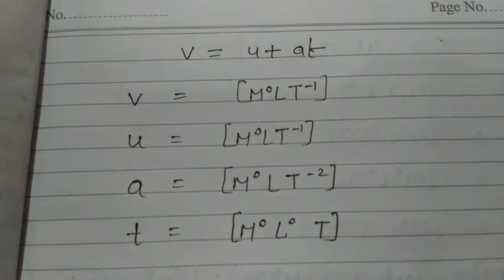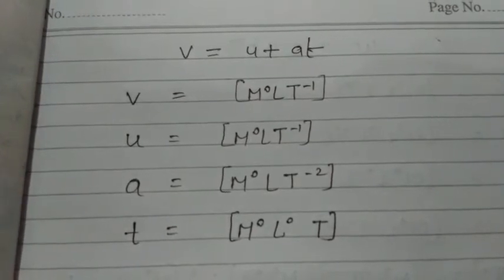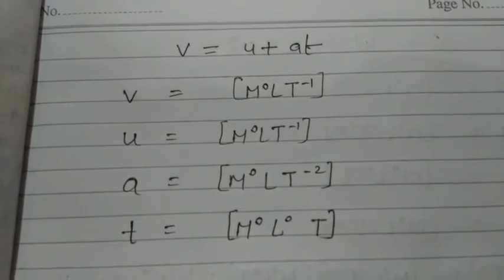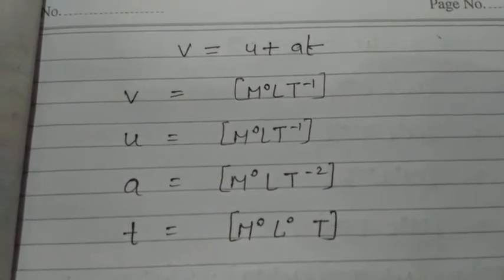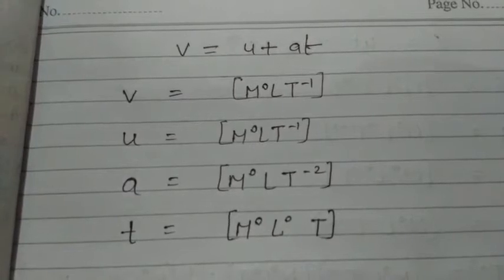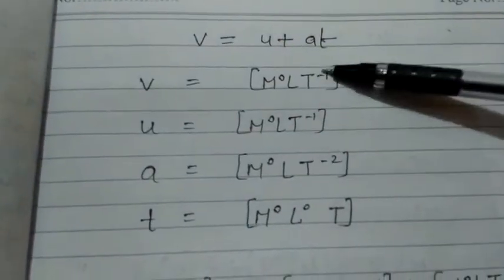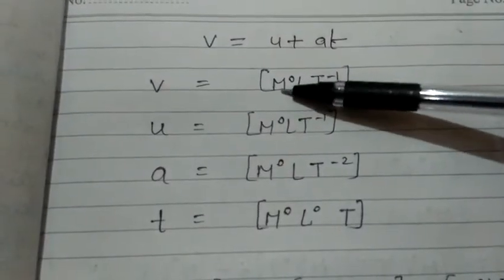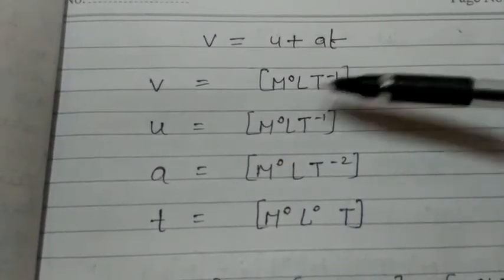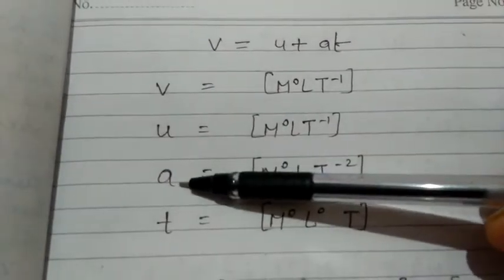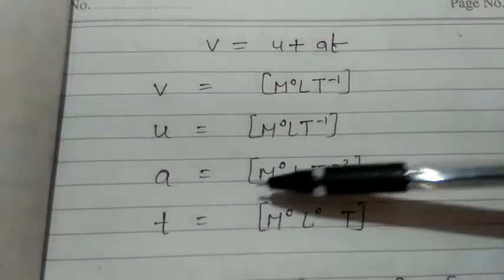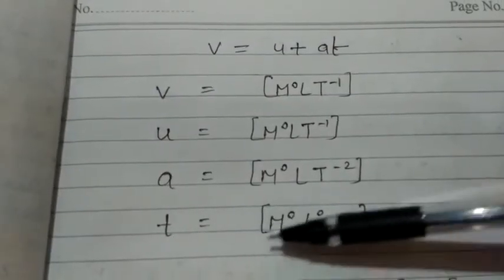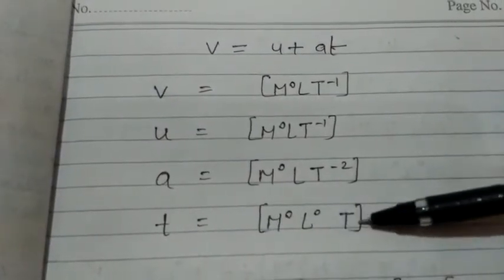According to the method I told you in the previous lecture, we derive the formulas for velocity, acceleration and time, given in front of you. Here v and u are velocities, so their dimensional formula is M^0 L T^-1. a is acceleration, its dimensional formula is M^0 L T^-2. t is time, its dimensional formula is M^0 L^0 T.